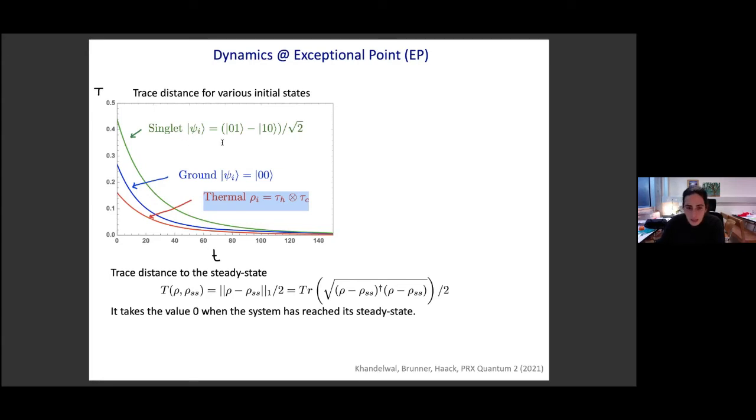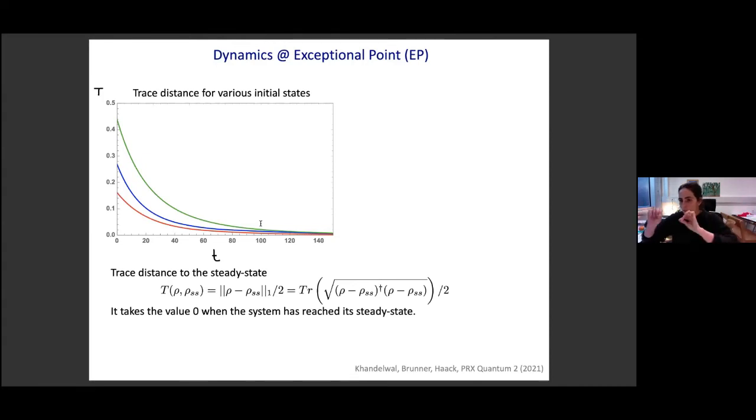And now, for these 3 different states, I investigate my dynamics at exceptional points, when I reach the specific value of G that should depend on the coupling to the bath. And this was not at exceptional points, and at exceptional points, I show you the trace distance with the dashed curves.